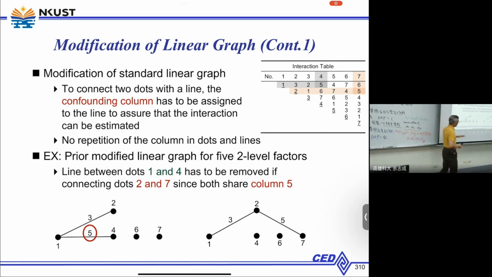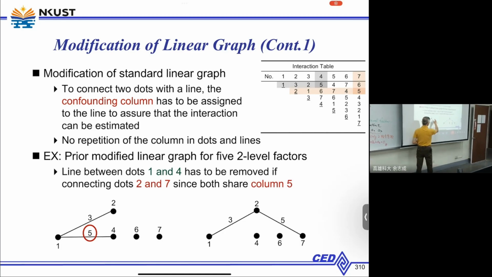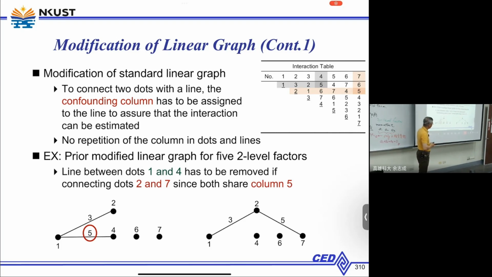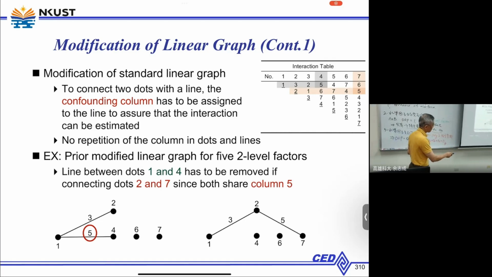Otherwise, your linear graph will have confounding effects. Basically, we want to make sure each number appears only 1 time. So if you connect 2, 7, there will be another 5 here, so you need to select between these 2. If you keep this one, you have this linear graph. If you keep that one, you have the other linear graph. Any questions? This is a modification you can do.